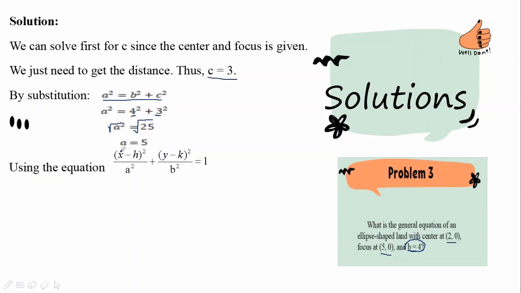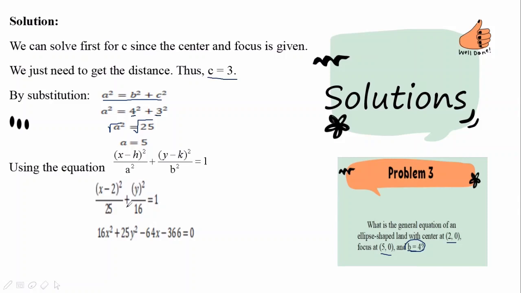So using the equation (x minus h) squared over a squared plus (y minus k) squared over b squared is equal to 1, we can now find our general equation. So we will just substitute our center. Center is (2, 0).